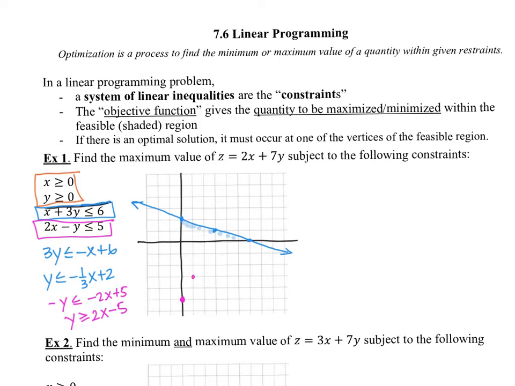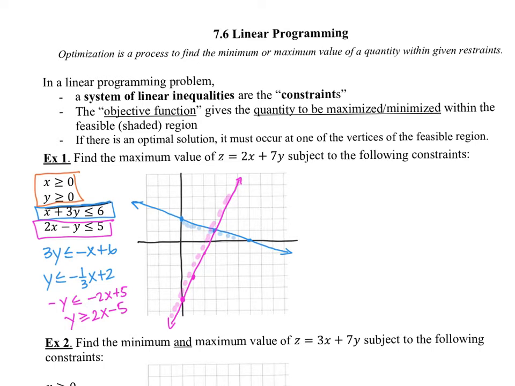I'm going to go up 2 over 1. My graph doesn't really have to be perfect because we're going to calculate all the vertices algebraically. But it's nice if it's kind of right, so you can see if your answer looks right. Okay, this is greater than or equal to, so it should be above the boundary line, which puts it up here on this side.